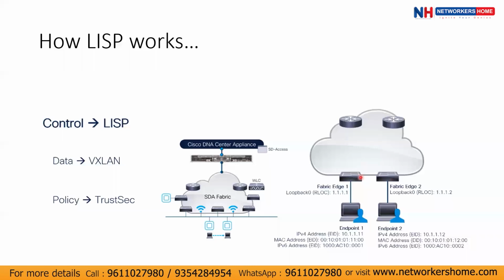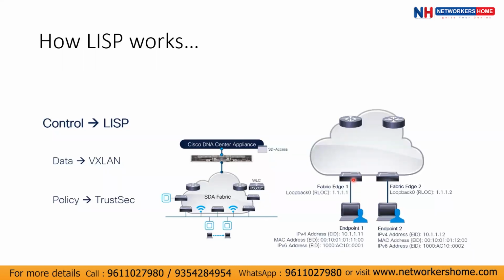Whenever this device gets connected to this fabric edge, after authentication and authorization, it gets assigned to a specific virtual network and a specific tag, which is the identity container, whether this user is a contractor, a normal employee, or HR.